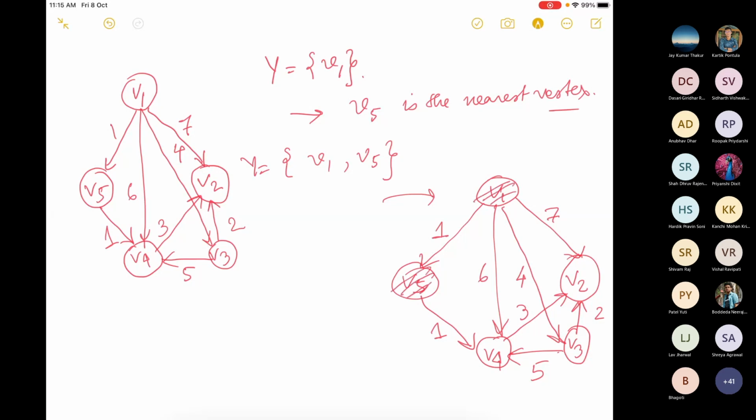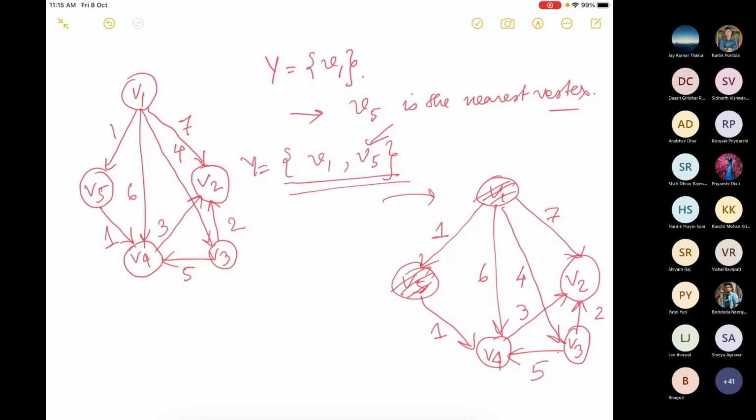Now, after this, we will have to compute the shortest path with these two vertices as intermediates. But V1 cannot be an intermediate in its own path. So effectively, it is the shortest path with V5 as the intermediate.